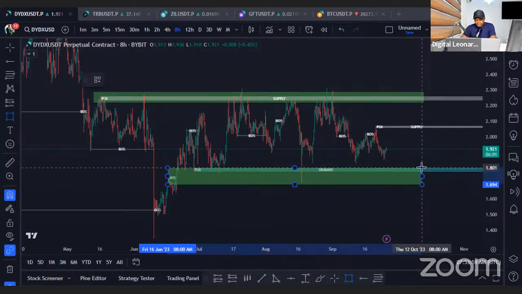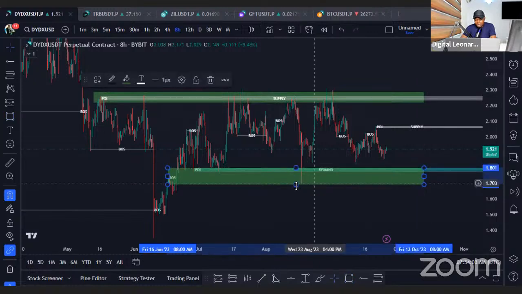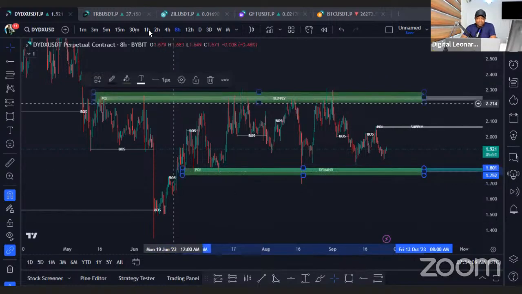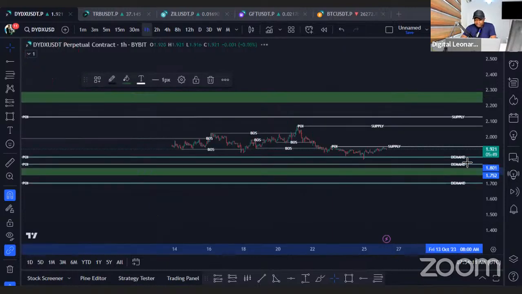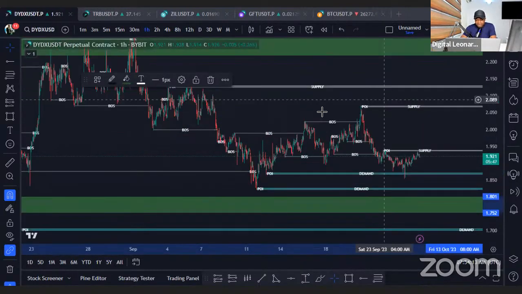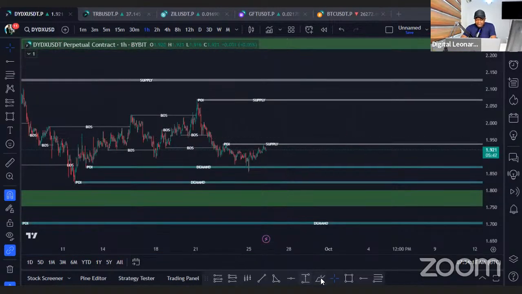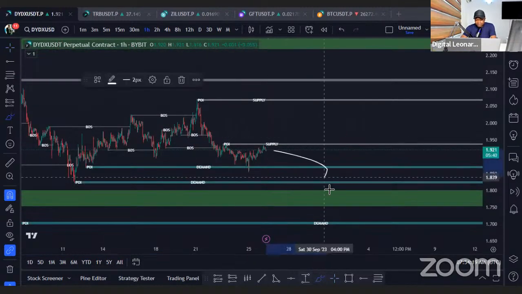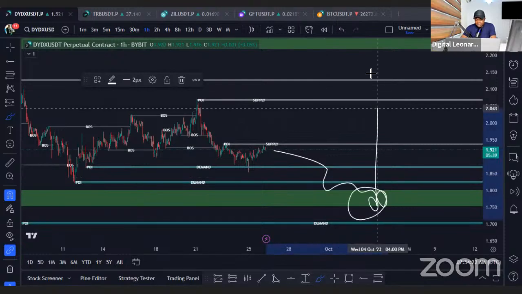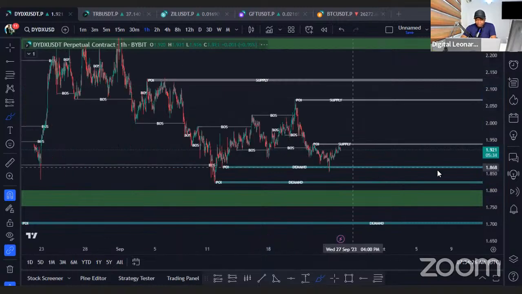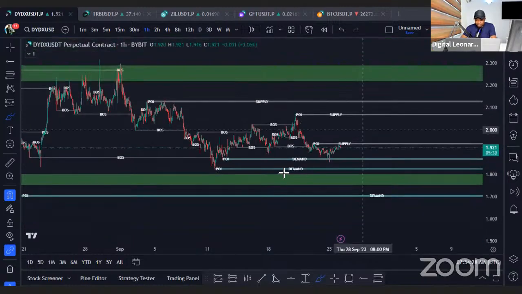So I'll wait for GYDX to play out at any of these levels. Maybe go to your 1 hour or 15 minute time frame. Let it gradually turn until it comes down to this level, then you can look for a trade from there to the upside.